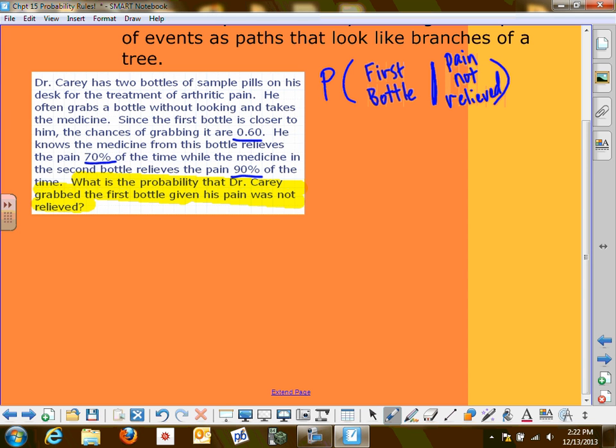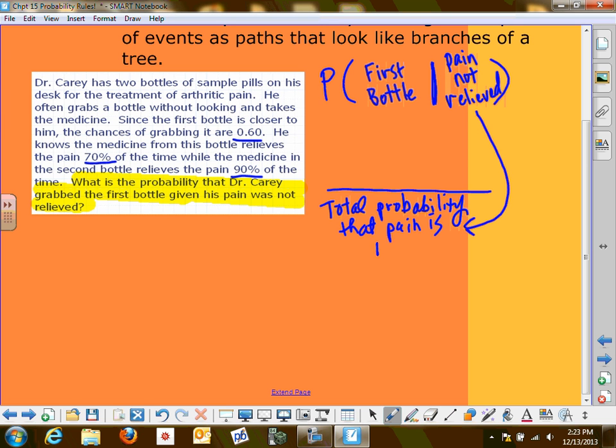Now, according to our given that formula, this needs to be on the bottom of the fraction. Remember that? So what's on the bottom of the fraction is going to be the total probability. So you're going to have to figure out the total ways that the pain is not relieved.